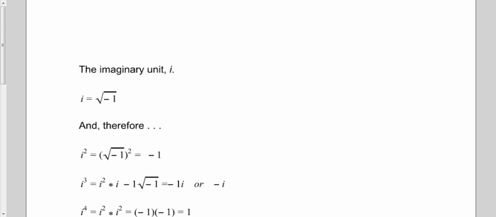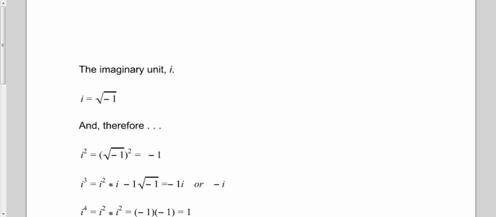So, let us begin. As we all know, i equals the square root of -1. Therefore, we know i squared is -1. Yes? Pretty straightforward.